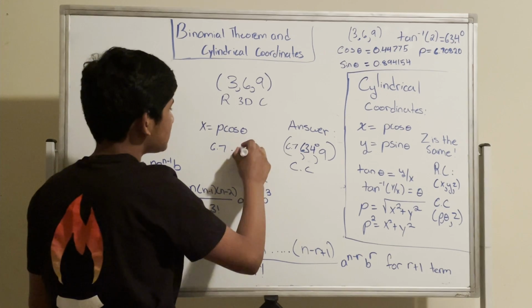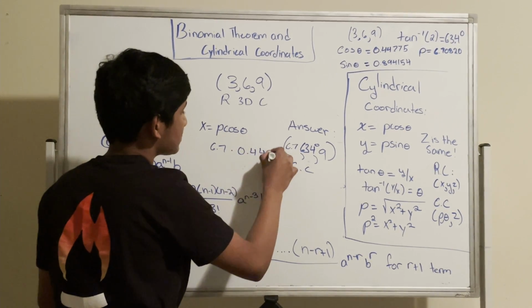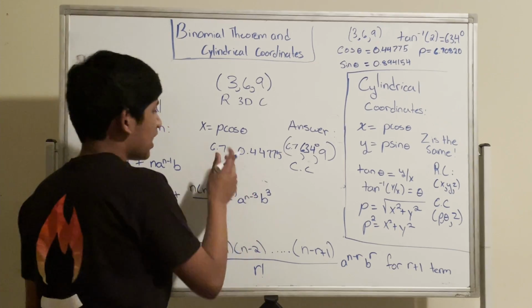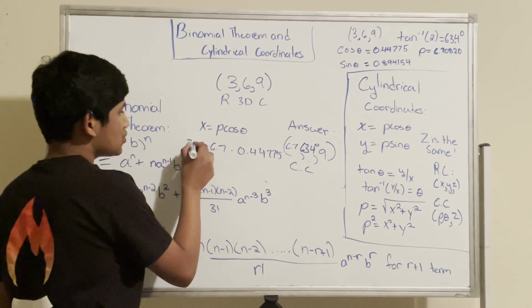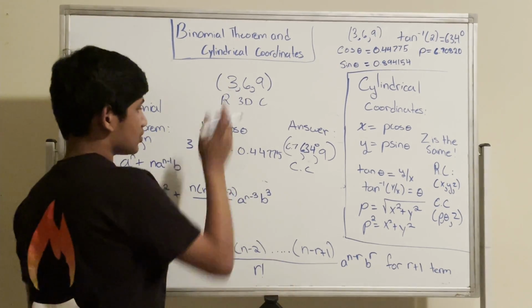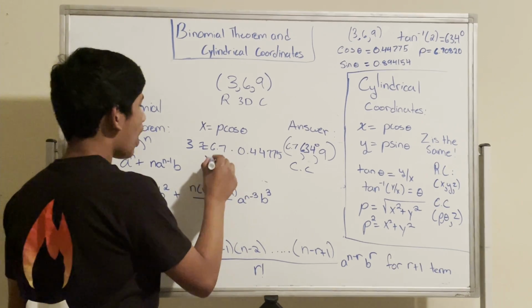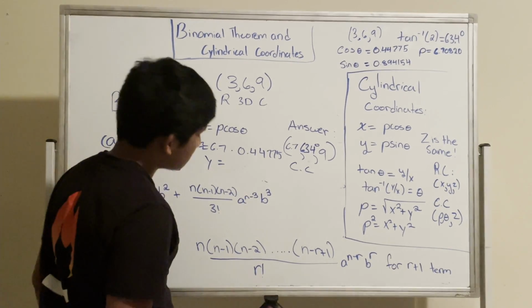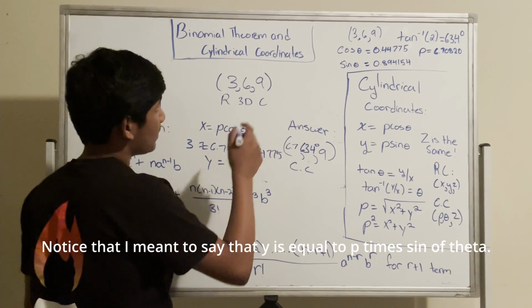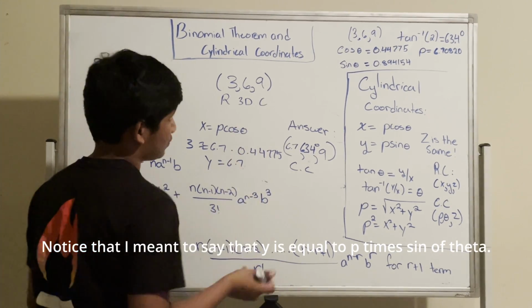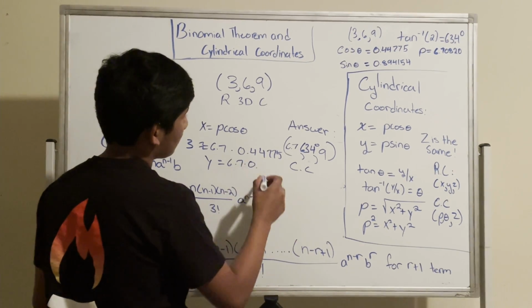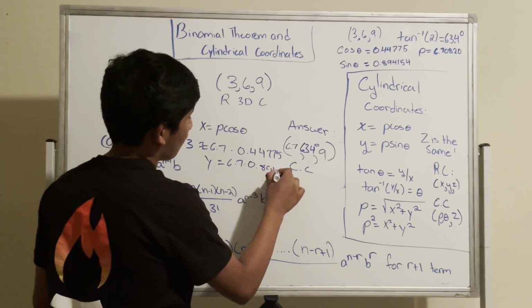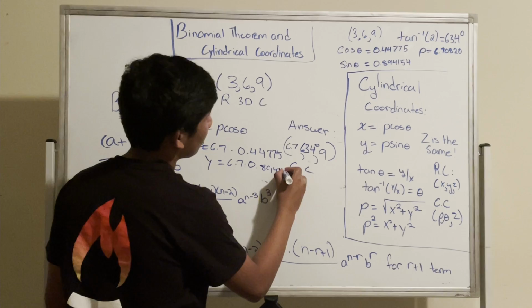The cosine of theta is 0.44775. And once we just do those operations, we'll get something to about 3, which is our original x value. Now, y is equal to P sine of theta. Well, P is just going to be 6.7 as we're shortening it, and the sine of theta is going to be 0.894154.